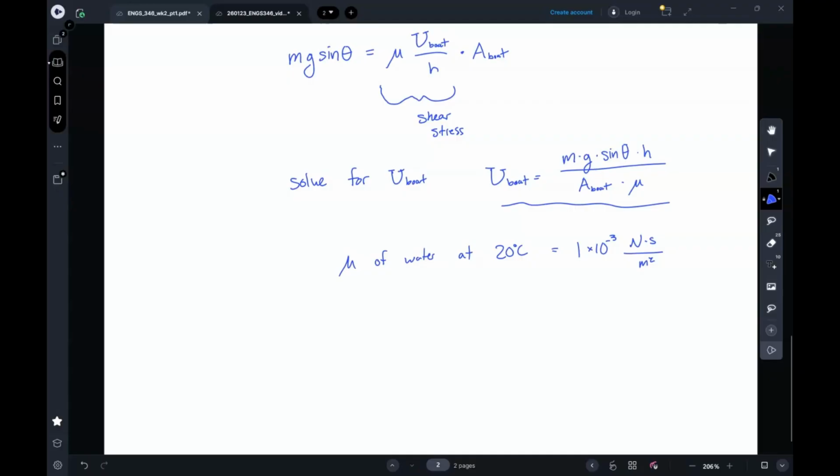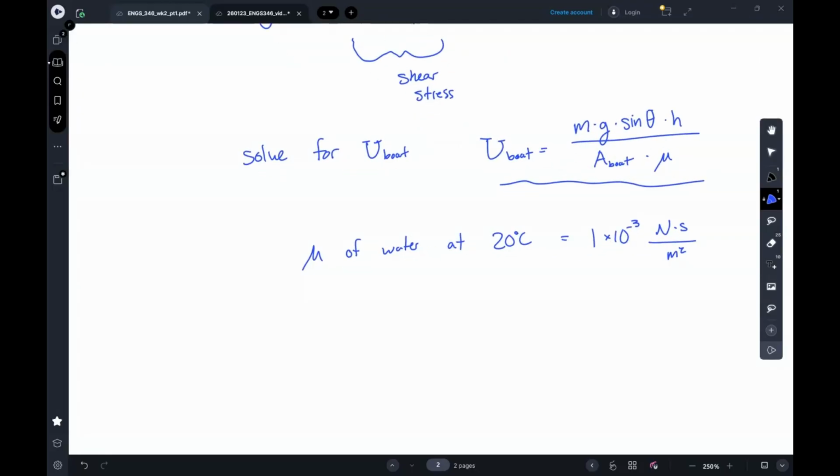Okay, when you get to this point in a problem, now we have to deal with the units or dimensions of the problem. So let's check our dimensions, or check our units. So we have mass, which is kilograms. We have gravity, which is meters per second squared.